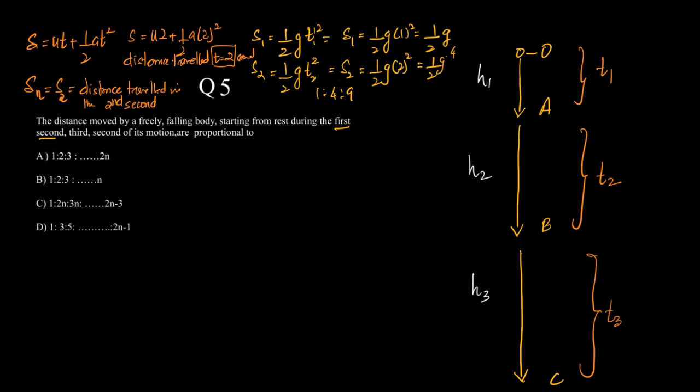Now see, what is given in the question is during the first second, second second and third second. So it is not s, it is Sn. What is Sn? I write it like this: Sn is the distance traveled in the nth second.